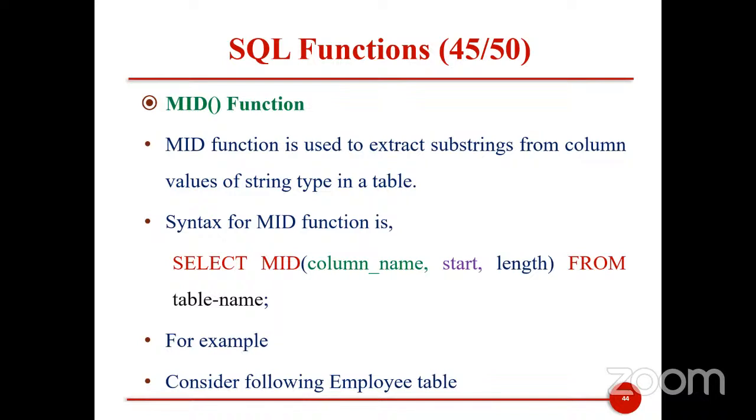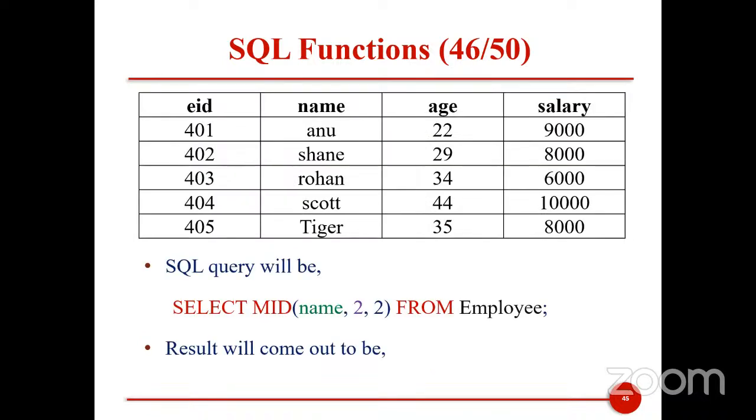From the table name. You indicate the table name. For example, from here, assuming that we want to select the mid name. We want to select some characters from the name. We want to start from 2, which means that the first letter here is 1, this is 2, this is 3. But we want to start from 2. That is, we want to start from n.